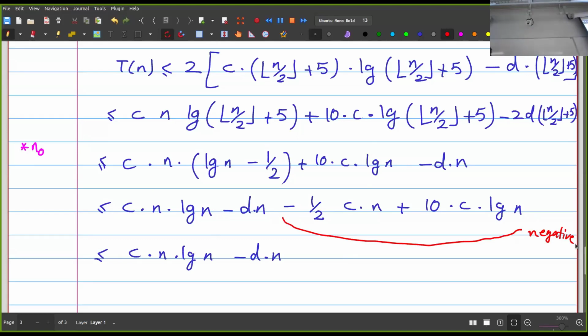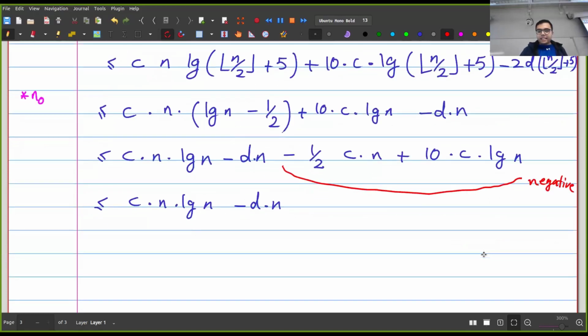But you can see that this is like minus a half times C times n. But here I'm just adding something that is log n. So if n is much larger than log n, this should become negative, right? So I shouldn't have a problem. I should just be able to choose my C and n0 such that all of this works.